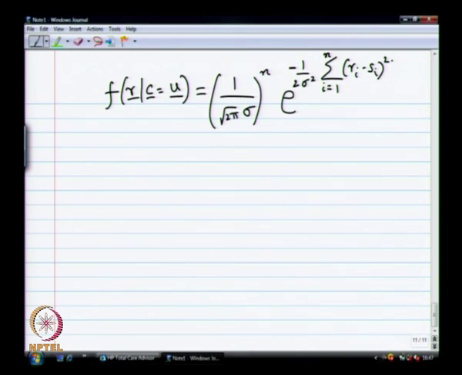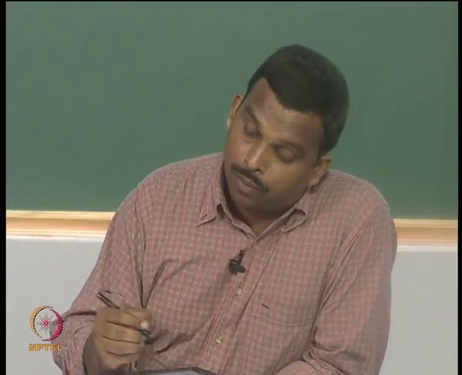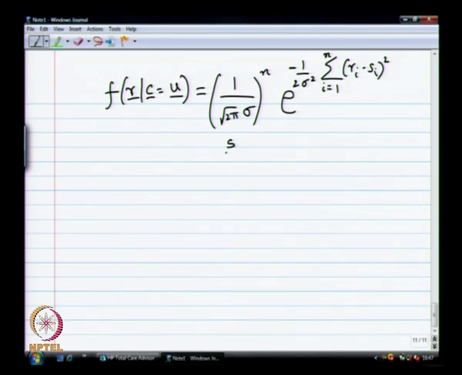I am multiplying the e power minus terms, so in the exponent they add. This is exactly the same as before. The only conversion I should remember here is S is 1 minus 2u.